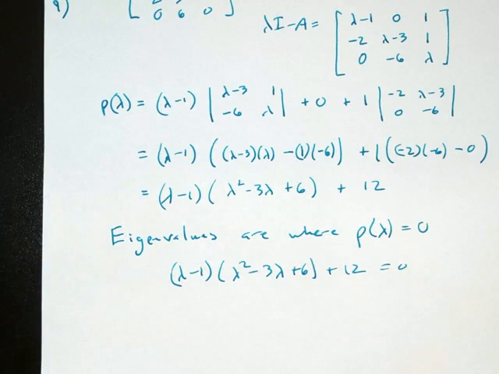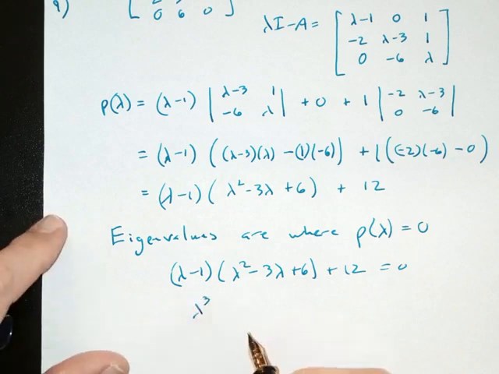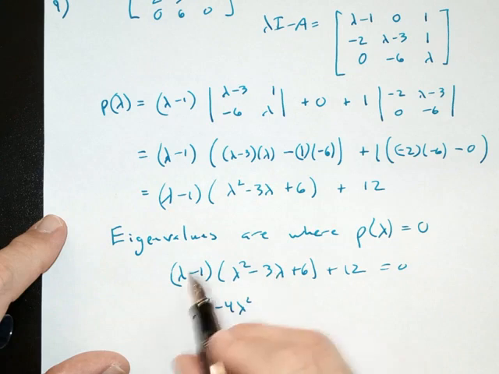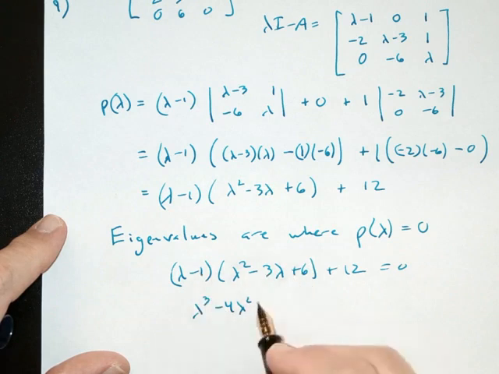I mean, I could do all the algebra on the left-hand side. I could multiply all that out and gather all my like terms and get, let me see, lambda cubed minus 4 lambda squared. Then I get 3 lambda minus 3 plus 6 is plus, no wait, that's plus 3 plus 6.